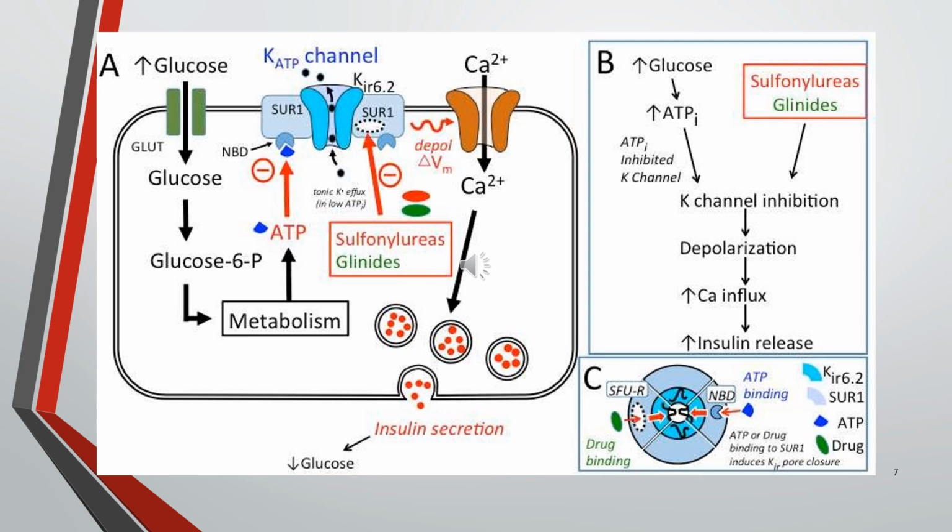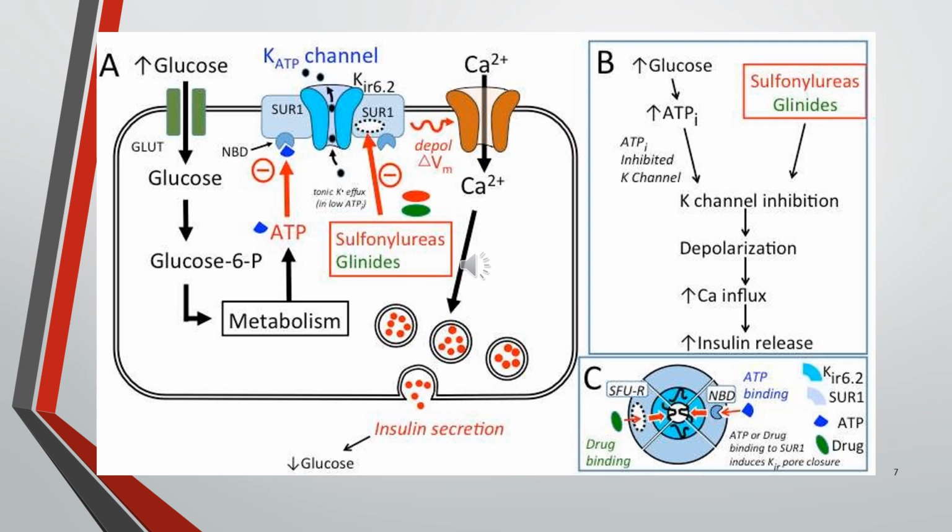A rise in intracellular ATP inhibits the ATP-sensitive potassium channel, and potassium channel inhibition results in membrane depolarization with the resulting activation of depolarization-activated calcium channels. A rise in intracellular calcium promotes fusion of vesicles containing insulin with the cell membrane and subsequent release of insulin.